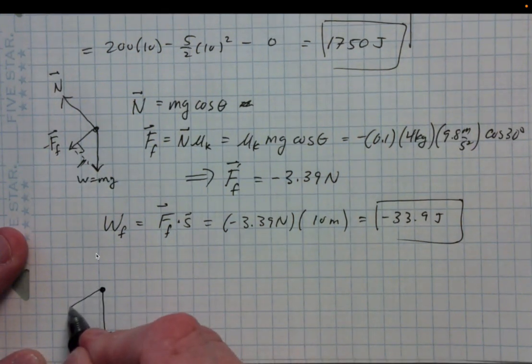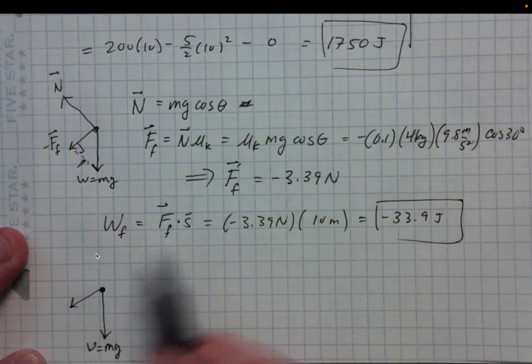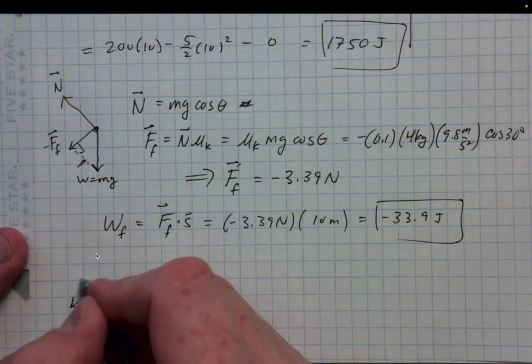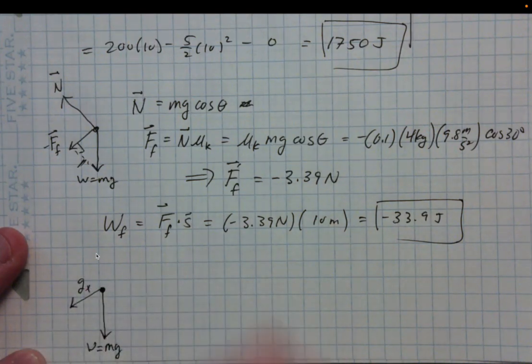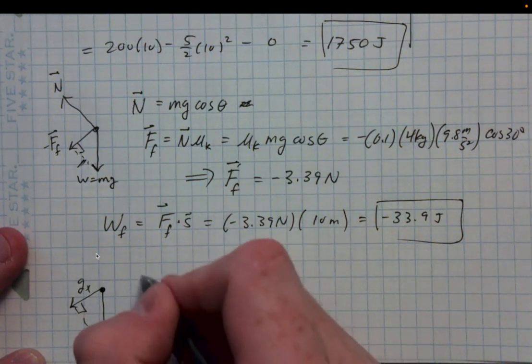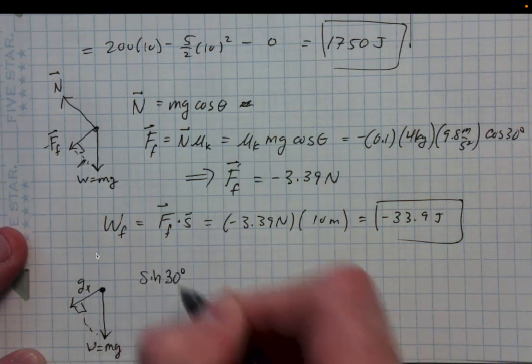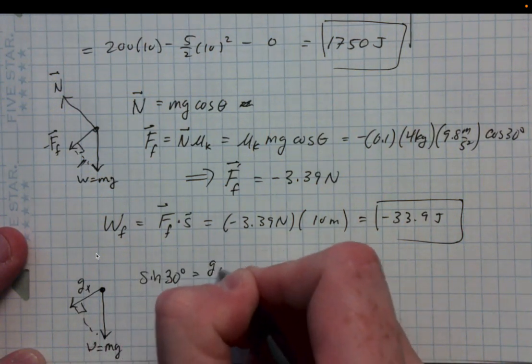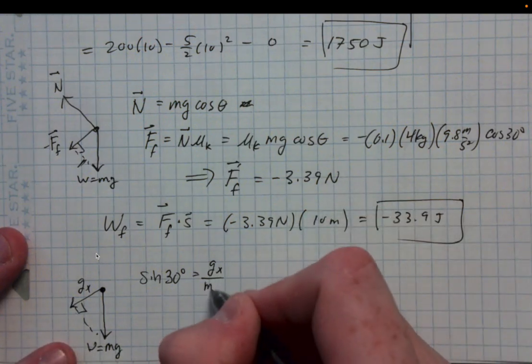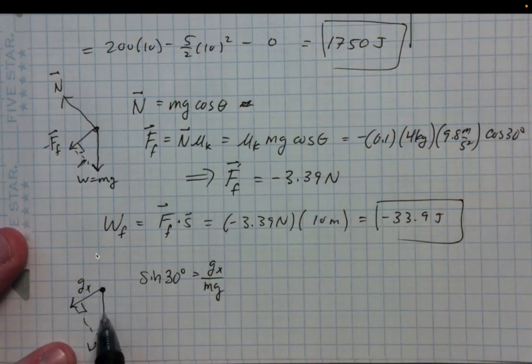The gravity component that's aligned with the displacement is like this. I'm just going to denote it g sub x. You've got a right angle here, and so the sine of 30 degrees is equal to g sub x over mg.